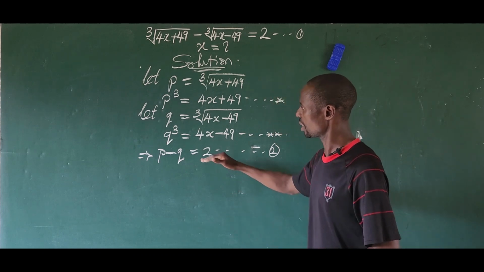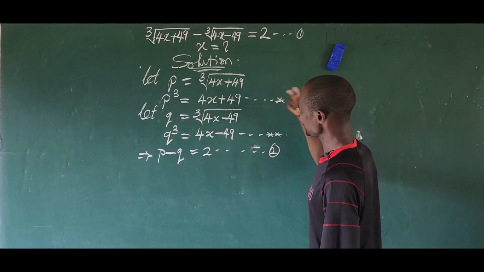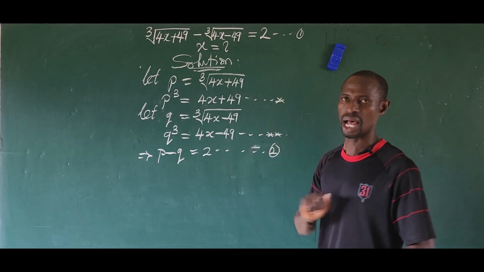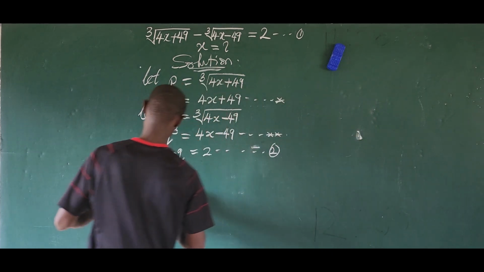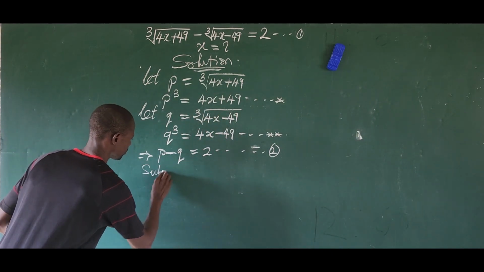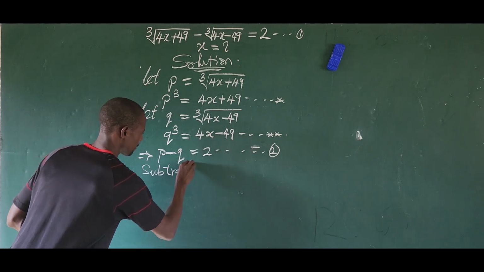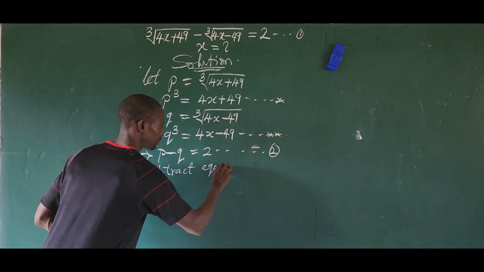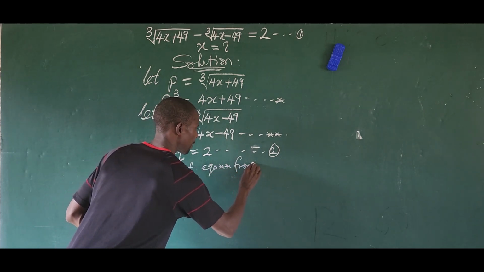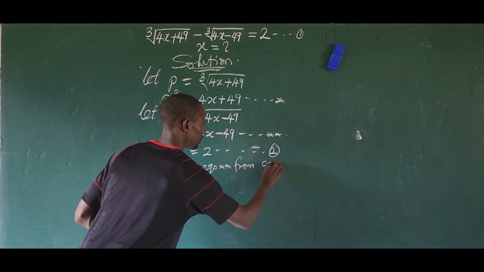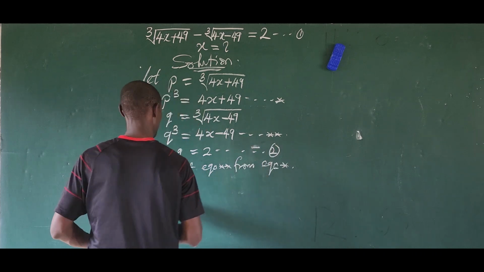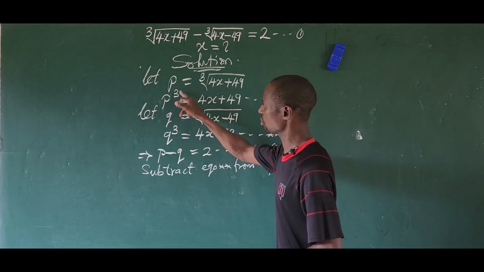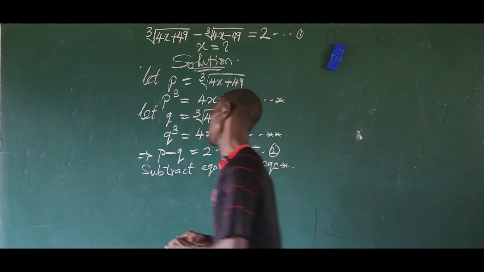Good. Now, from this, we want to subtract one star equation from the other. If we do that, what's going to happen? We're going to have p to the power of 3 minus q to the power of 3.